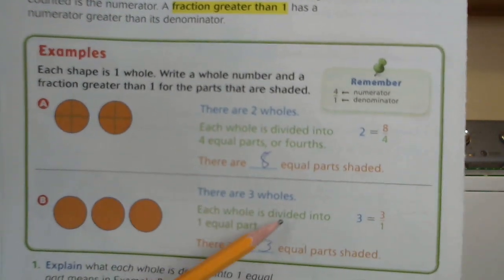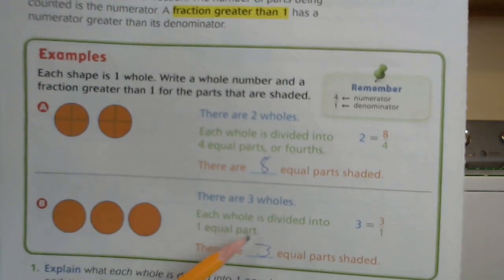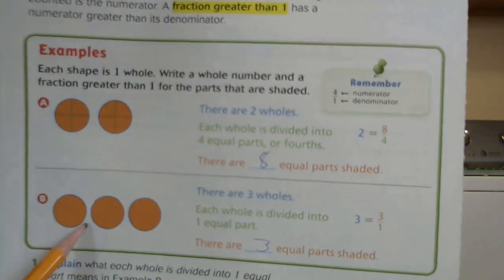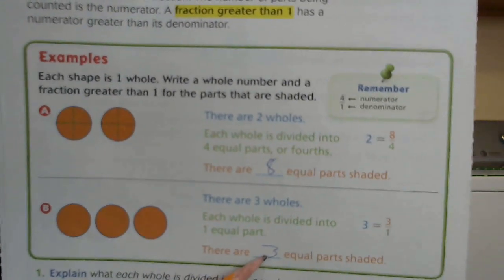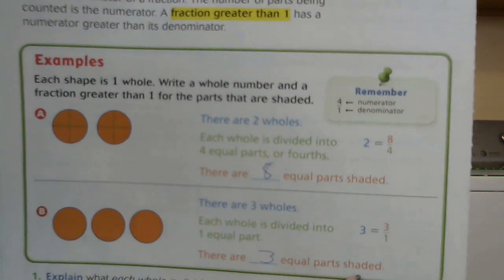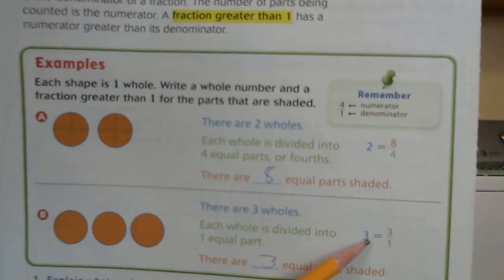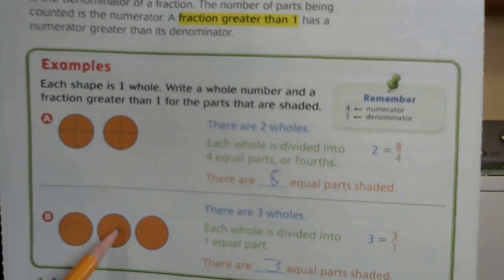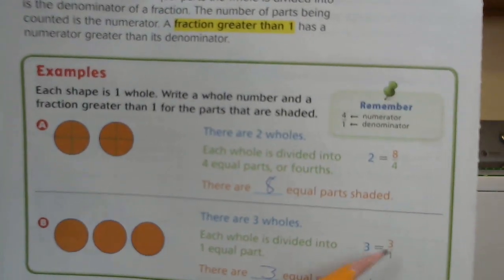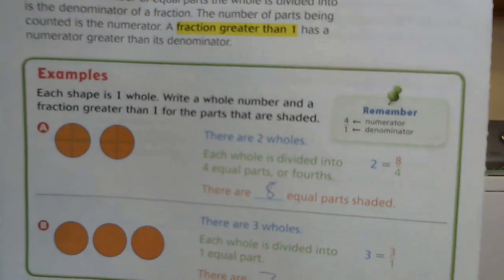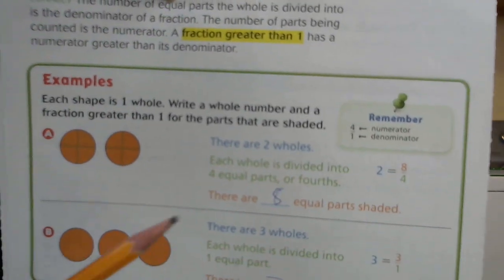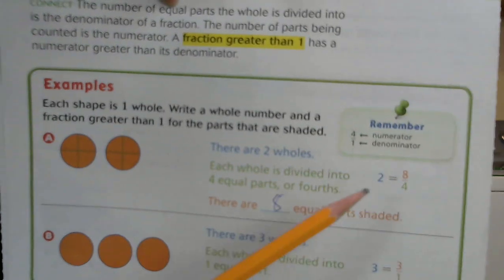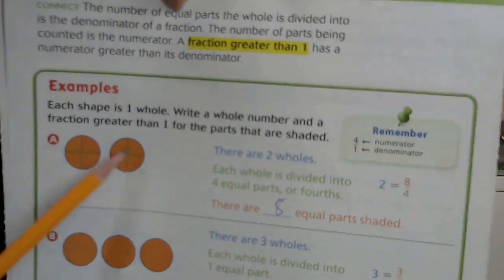Each whole is divided into 1 equal part, or you could say it's not divided. There are 3 equal parts shaded. Therefore, 3 over 1 equals 3. 8 over 4 equals 2.